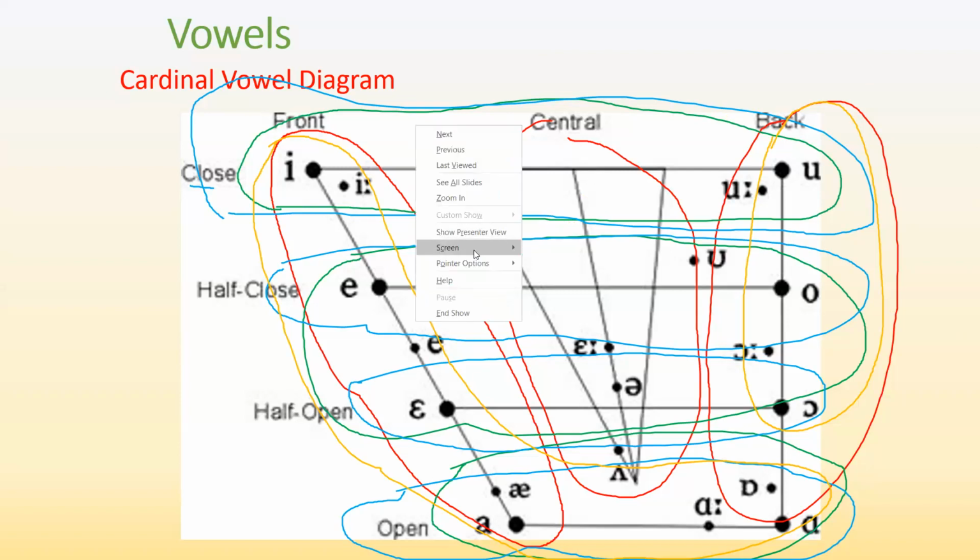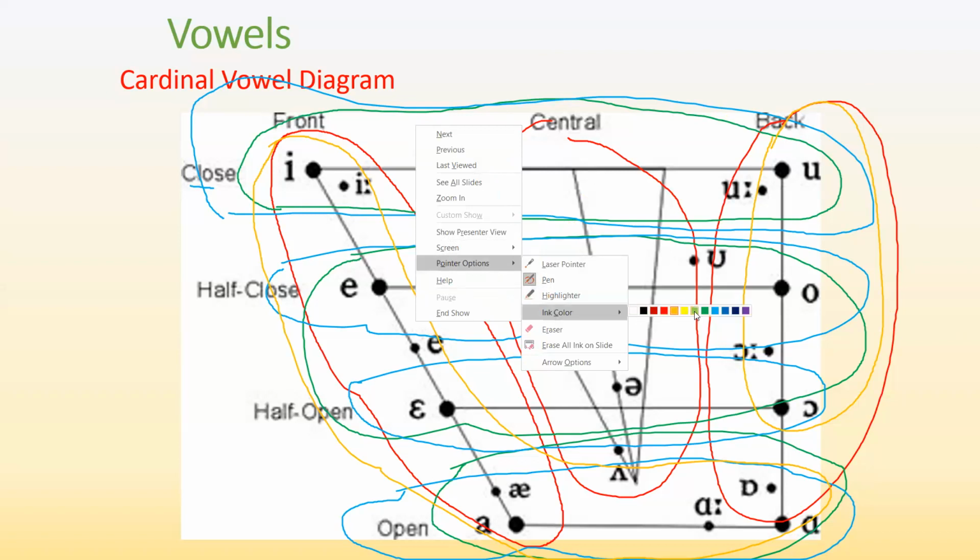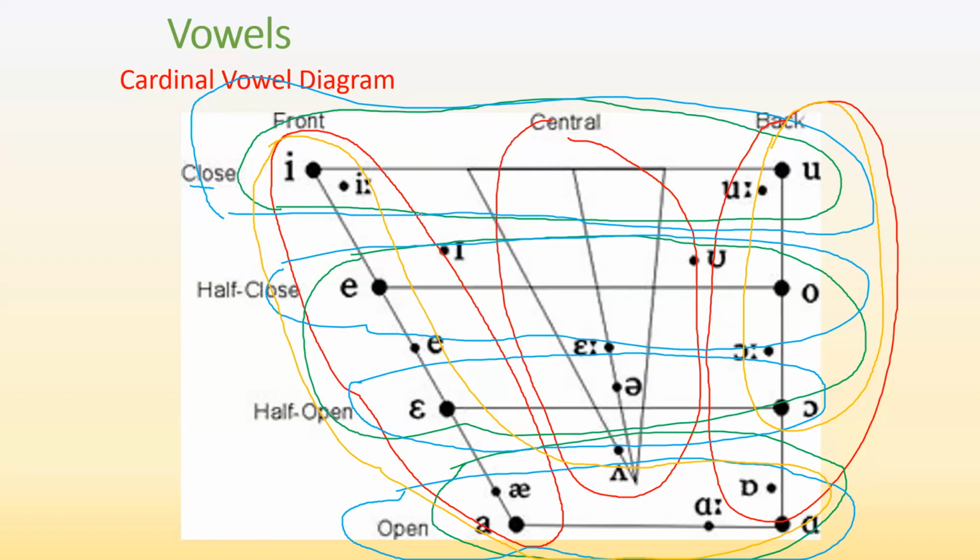So I will circle, we'll find another color. Purple would be fine, right? I will circle the relevant monophthongs, the monophthongs relevant to our discussion here.